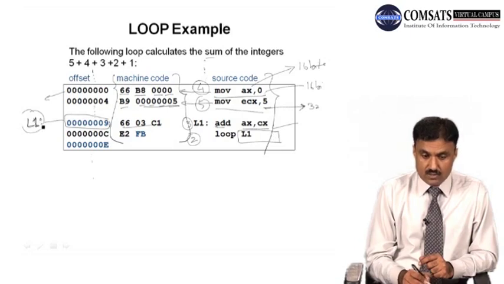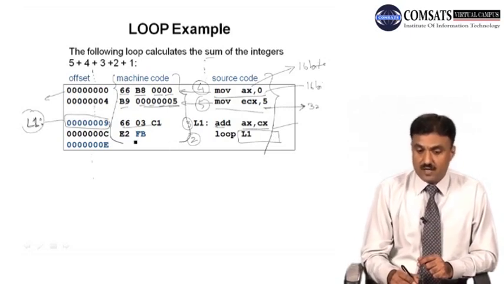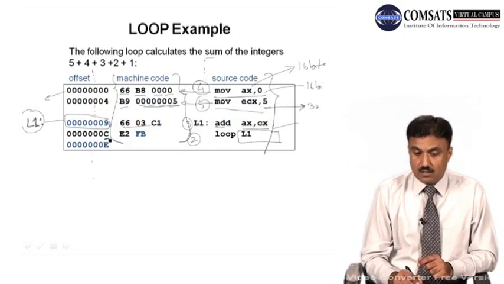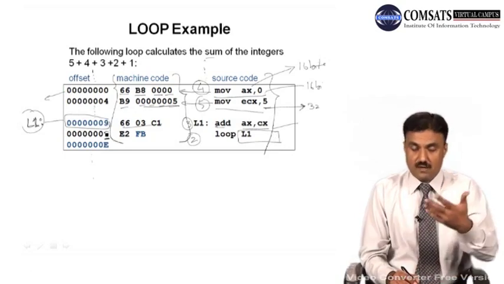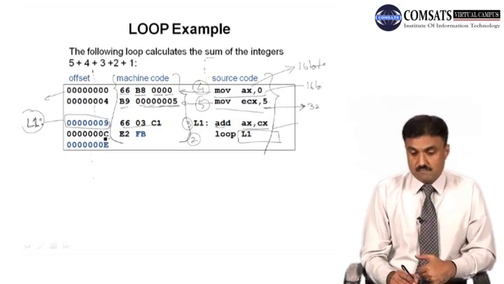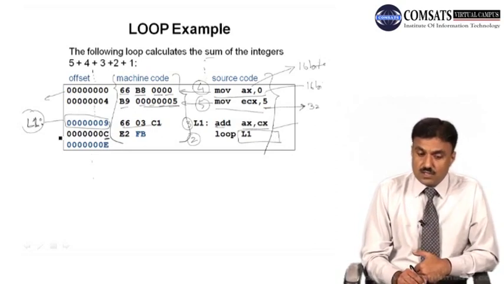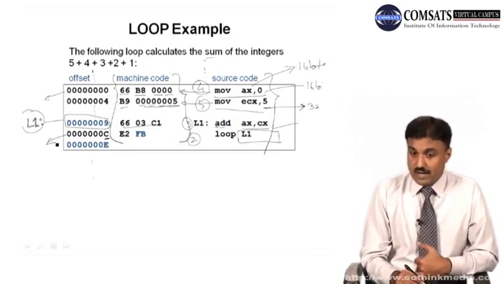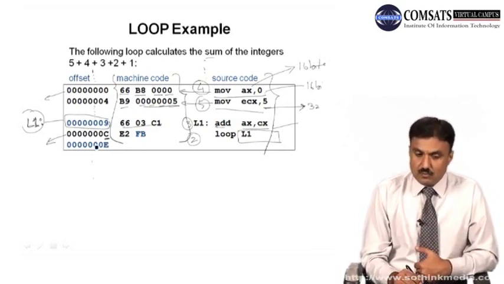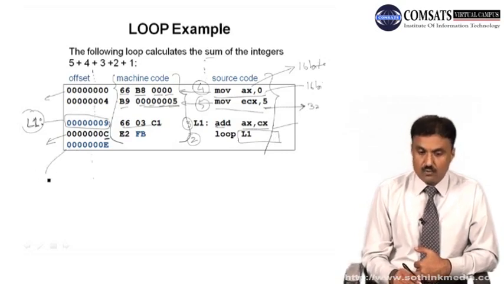Label L1 shows this instruction. Now what will happen, we are at this 00C, and we are 3 more instructions, 3 more bytes back is a loop. When we execute this instruction, the program counter, or instruction pointer, has a value.